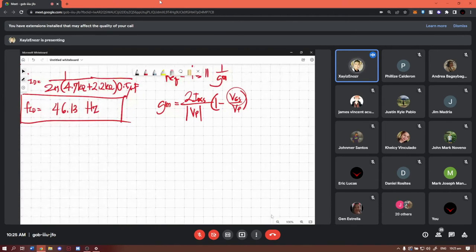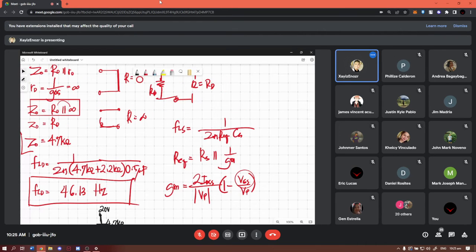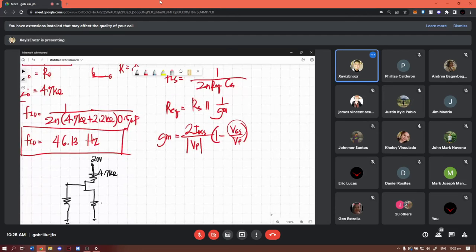So, reconstruct ko lang ha. So, ayan yung circuit natin.